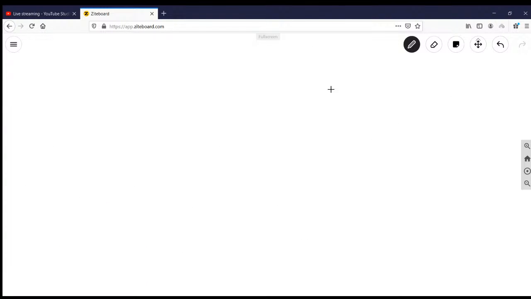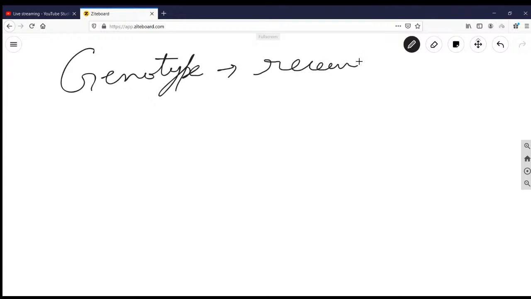genotype versus phenotype. Genotype refers to the alleles an individual receives at the time of fertilization.